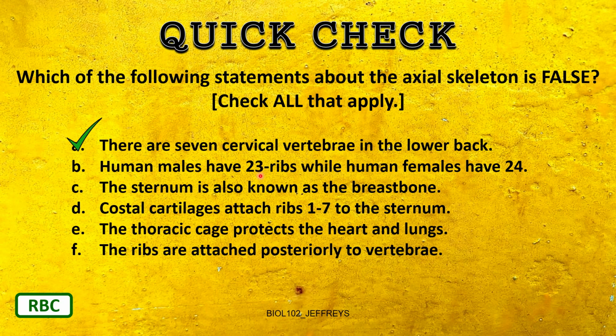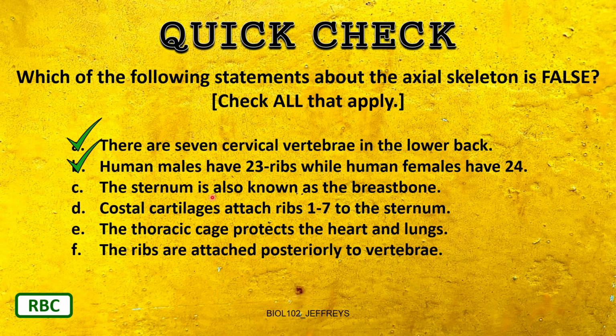But that would definitely not be true, even if you believe the story, because in that case, only Eve would have 23 ribs. Every female after Eve would have 24 ribs. So that's definitely not true. I'll just throw that out there as a point of humor, okay?